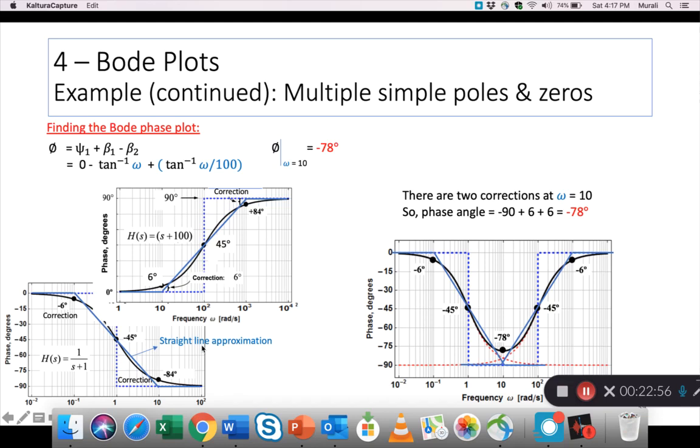Okay. Now, when you add these two, it takes this form. Okay. If you look at the straight lines, they form a V in the middle, and then this is what it looks like. Forget about this dotted blue. The reason it's there is because in this textbook, the author wants to ask us to consider this straight line as the asymptote, as the straight line approximation. But that is unusual.